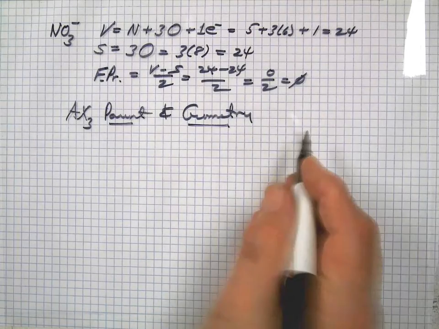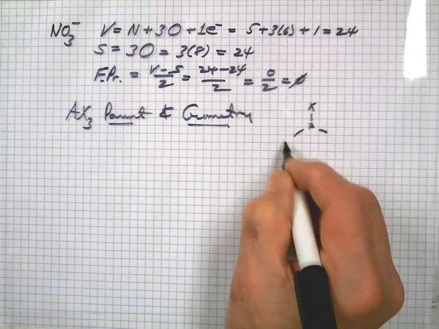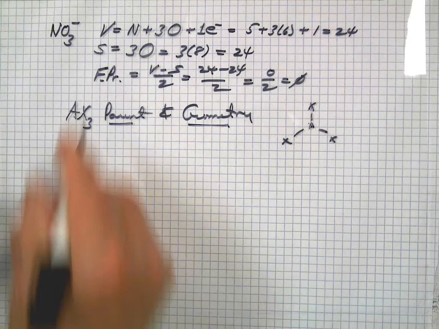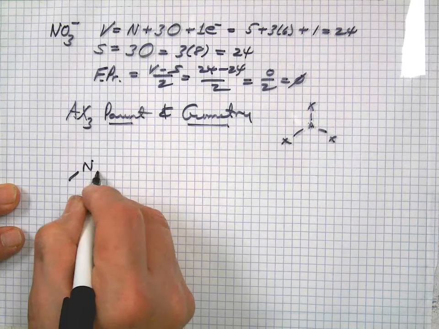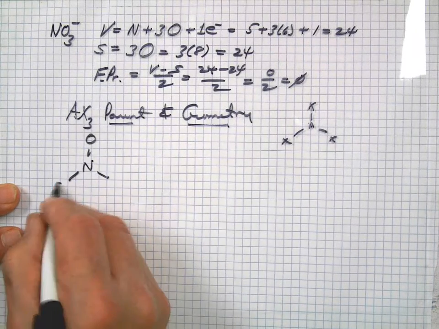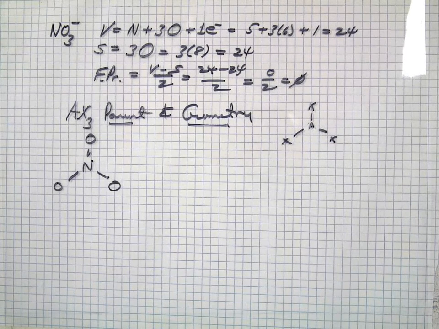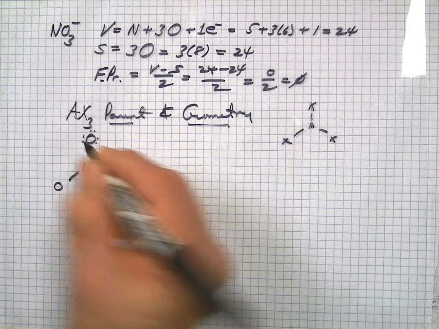And as an AX3, you recall, it's a 120-degree bond angle. So you would build the picture of the NO3 in the same way. Now, if it's a polyion, you can have more than 2 non-bonded pairs on a given element. You can draw it out like this.